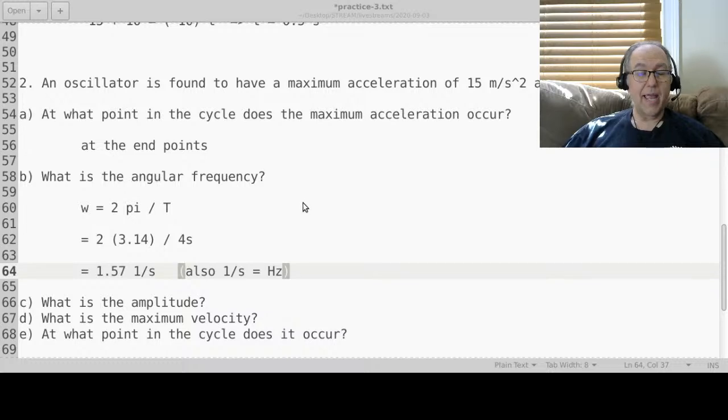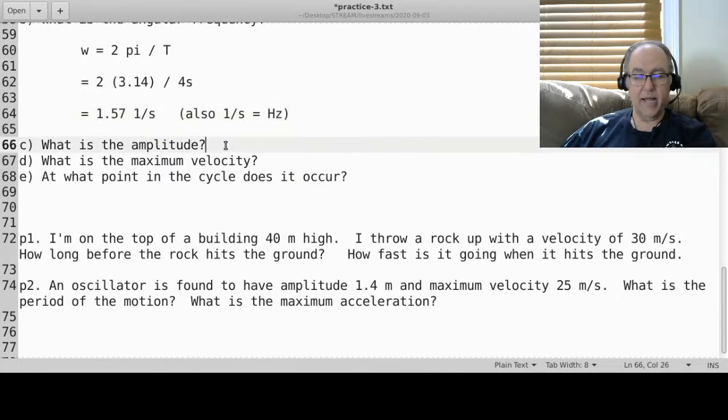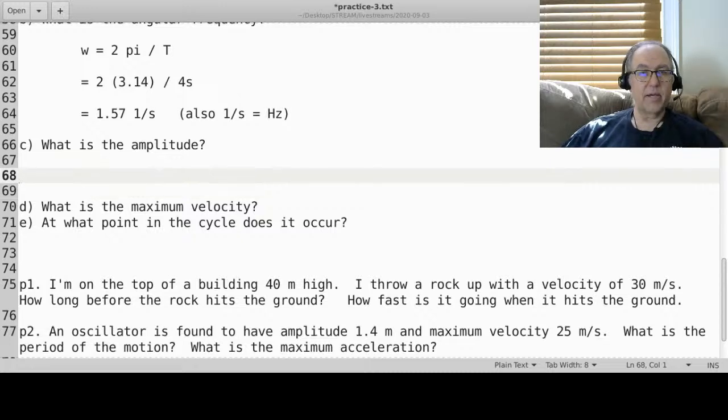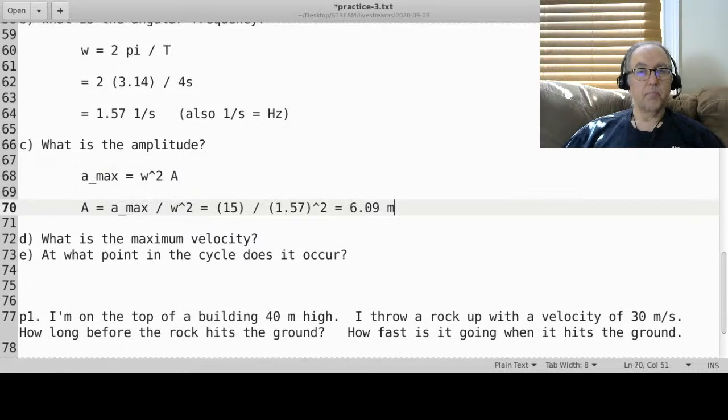You now know omega, and you're asked to calculate the amplitude, and you ask, what formula do I use for that? It's this formula right here: A max is equal to omega squared times A. This formula relates your maximum displacement, in other words the amplitude, and the maximum acceleration, and you'll notice the two are related through omega squared.